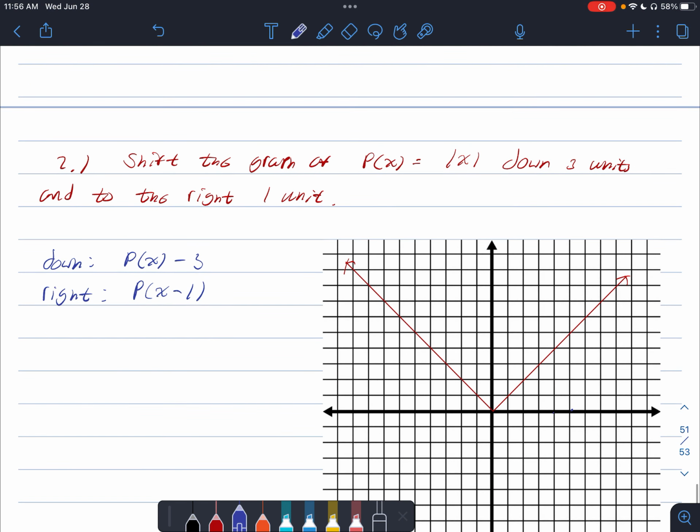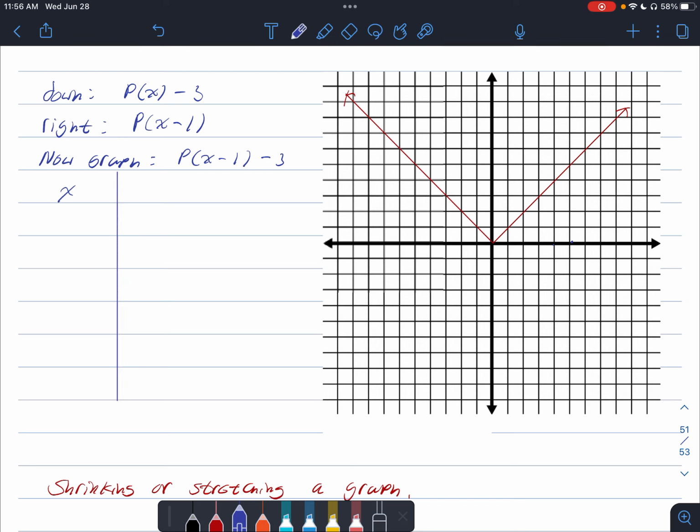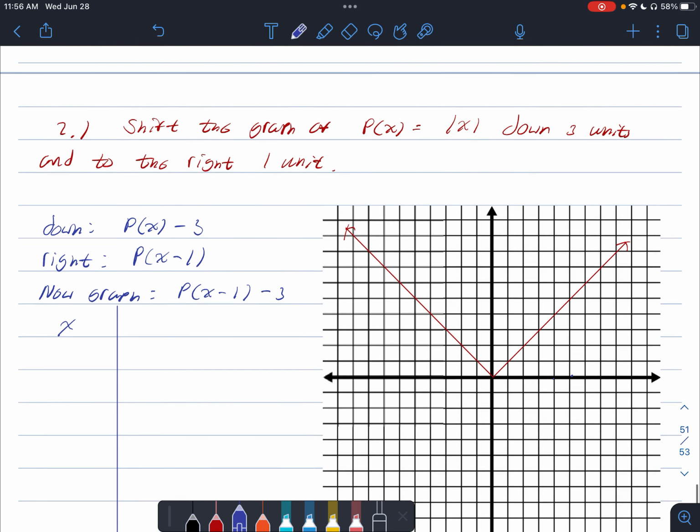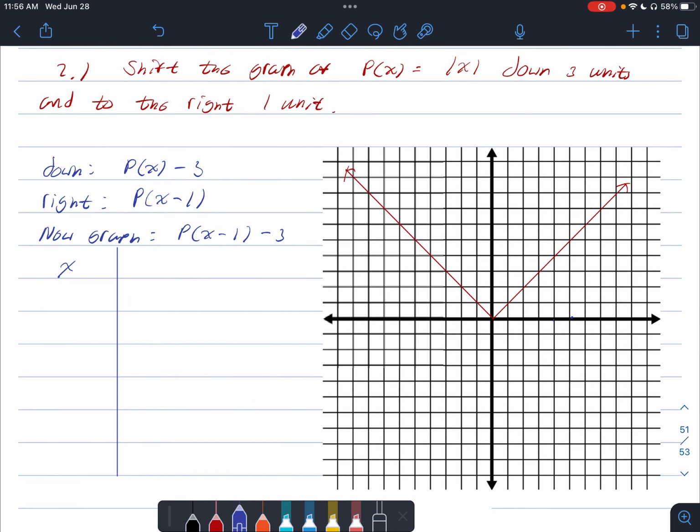Okay, so let's plot some points here. P of x minus 1 minus 3, that'll just be an absolute value of x minus 1. And then we'll just have minus 3 hanging out over here.